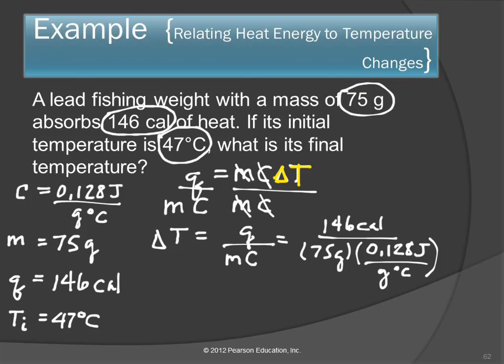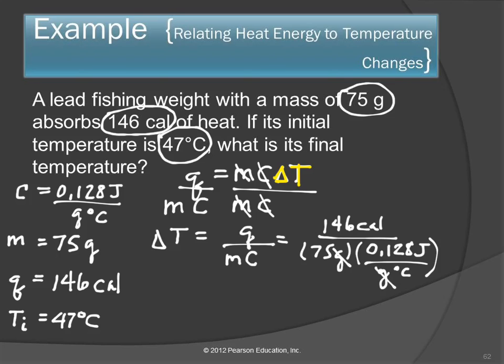You really do need to write the units in there. Before you calculate, look at the units. Grams cancel grams. Do calories and joules cancel? No. If you don't put the units in your equation here, you're not going to notice that, and you're going to end up with the wrong answer.